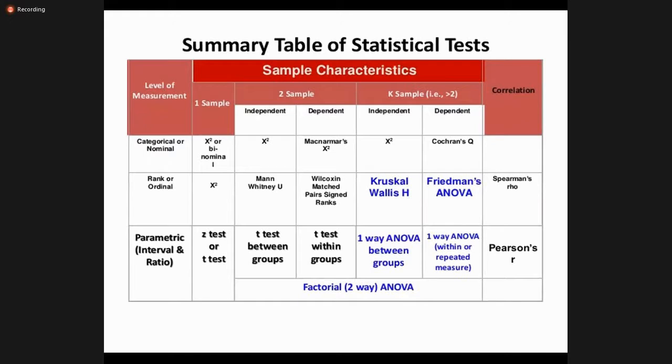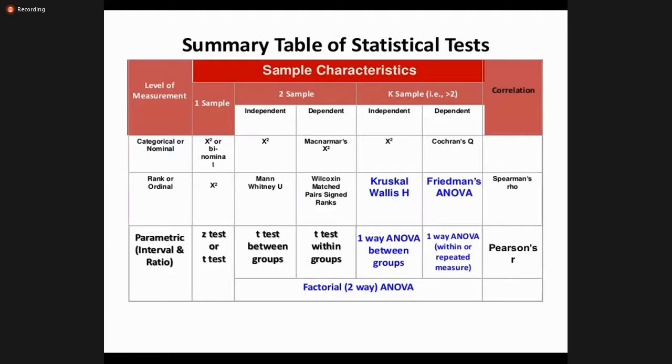This is a summary table of statistical tests. You should go through it and remember where you apply different types of statistical testing and what the differences are between them. On the left of your screen is the level of measurement, with a few categories: categorical, nominal, rank or ordinal, and in the lower row, parametric or interval and ratio measurement.